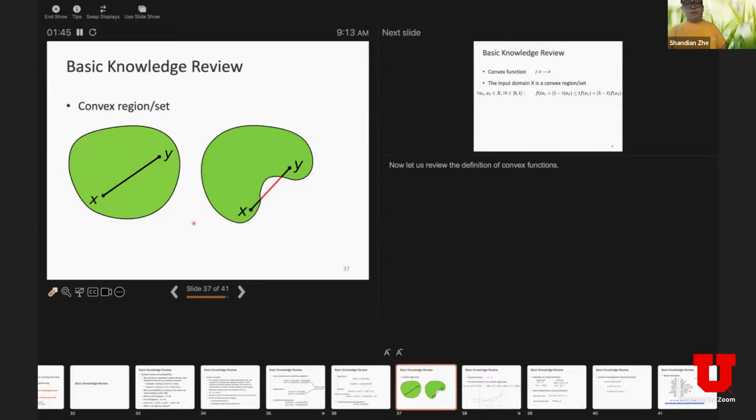I gave a counterexample, like this kidney shape. If you pick 1 point X here and 1 point Y here, and draw a line connecting them, you see this red segment goes outside of the domain. So this domain is not a convex region.